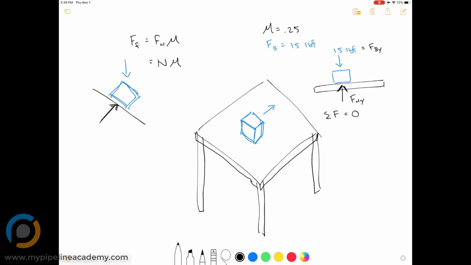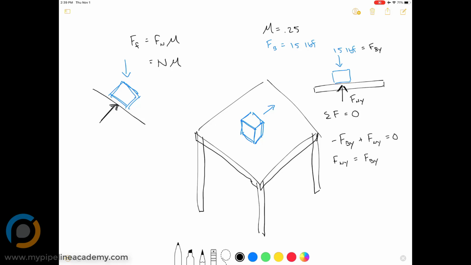And so we would say that the force in the negative y direction is the 15, so we'd say negative FBY, and then we have only a single force in the positive y direction, so that's plus FNY equals 0. Move FBY to the other side, and we are left with FNY equals FBY.